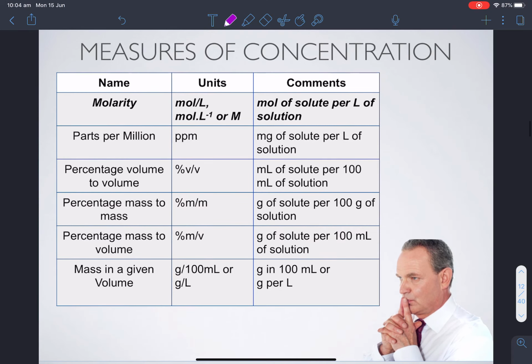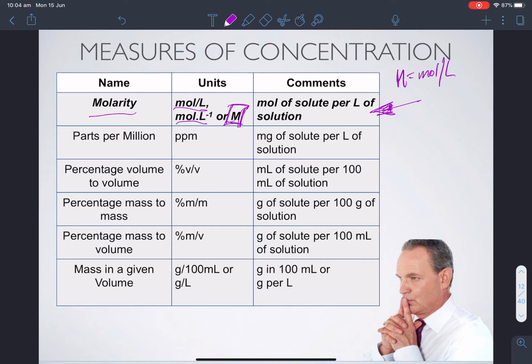There are other ways to express concentration, so not only chemists need to express concentration, but there are others. Up the top here, in my little table, I've given our one, molarity, moles per litre. So moles times litres to the -1, or sometimes, and usually in the HSC, they'll use the big M to mean moles per litre.